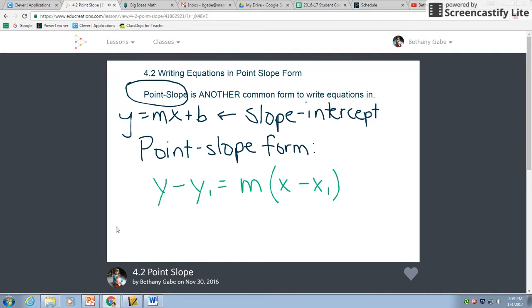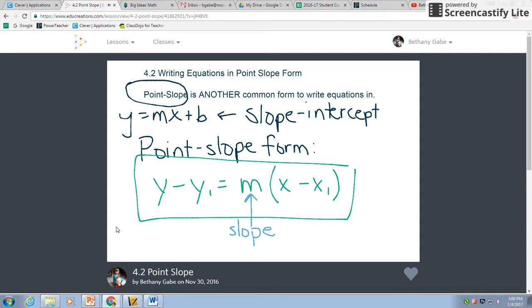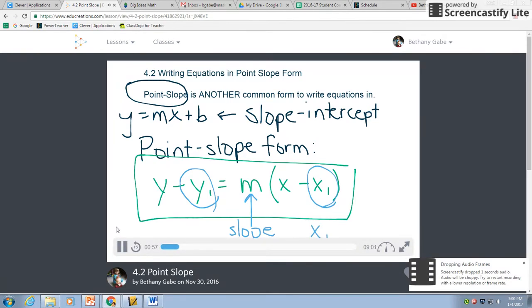So point-slope form is right here, and it's y minus y1 equals m parentheses x minus x1. And again, it looks really confusing, but notice the m is still going to be your slope. And the y1, x1 is just the point. So it's the point that you're given, the ordered pair, and that could be anything.